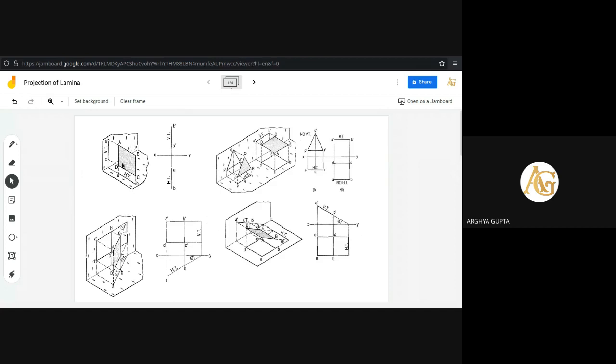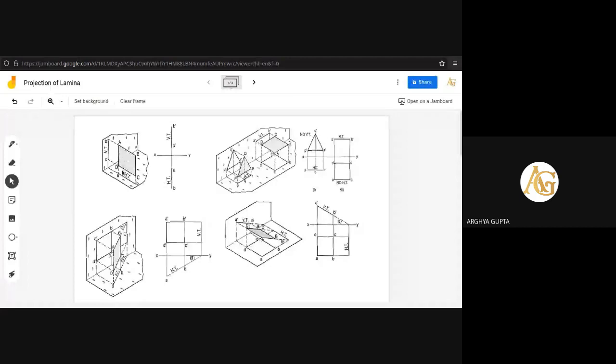So now if we want to draw the projection, we have learned in our previous lecture how to draw a projection: the shadow that appears on the vertical plane will have to be drawn above the ground line, and below the ground line you have to draw the shadow on the horizontal plane. So VT and HT mean vertical trace and horizontal trace.